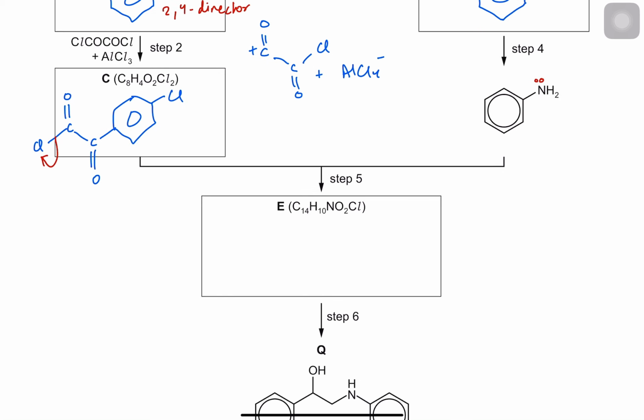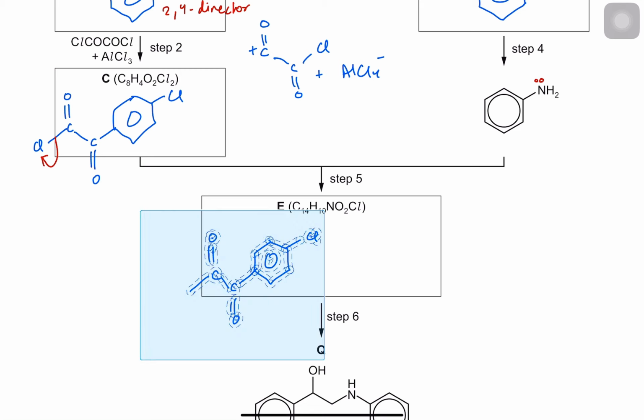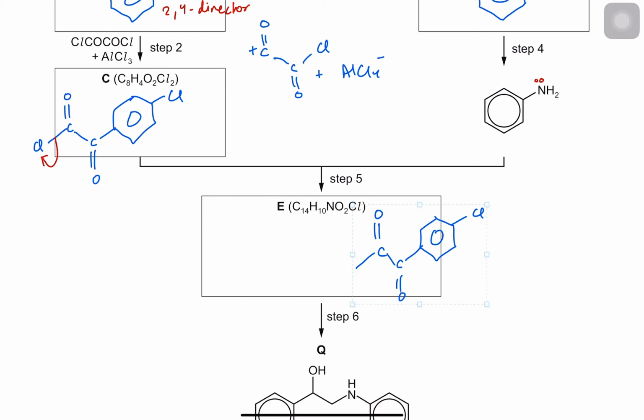Let me draw it. Just for the sake of this picture, this as it is, Cl as it is, double bonded oxygen, the Cl will go away. And when the Cl goes away, the nitrogen comes in. One of the hydrogens has also eliminated, so HCl will eliminate.